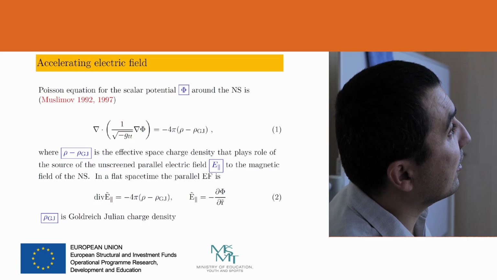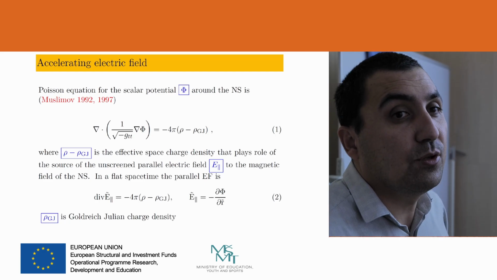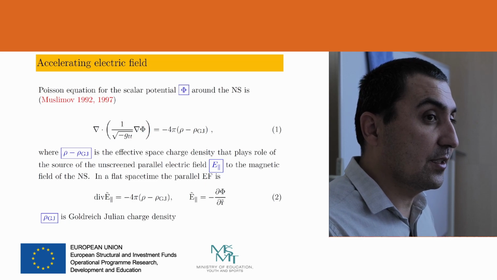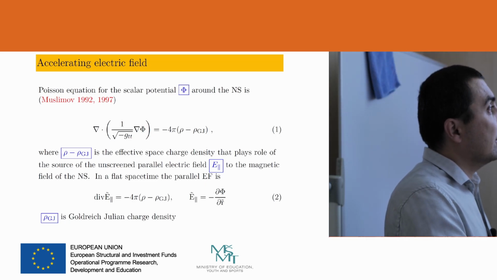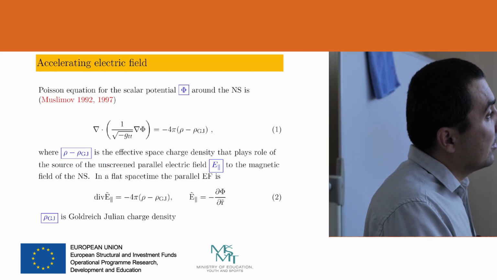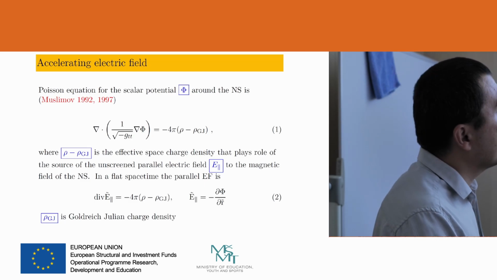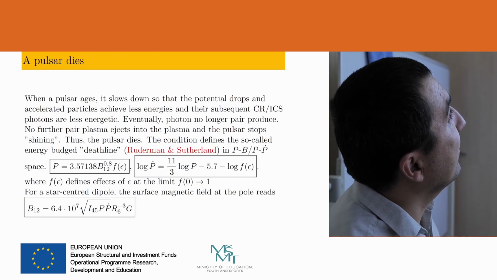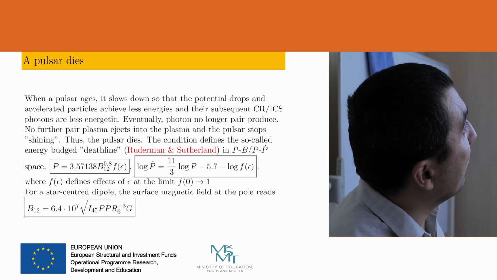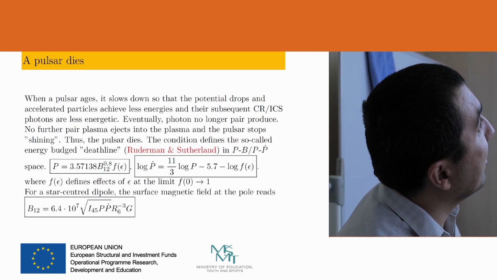This is a way how to calculate in the frame of Newton gravity, but in general relativity the solution of the Poisson equation is quite long, and I'm not going to show the details. And here I'm going to talk about the pulsar death.